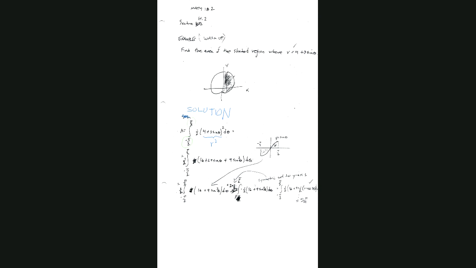So, of course, I'm going to do FOIL here. I have 4 plus 3 times the sine of theta times 4 plus 3 times the sine of theta. When I expand that, that's going to get me this integral here. Maybe I'll start writing in blue here.